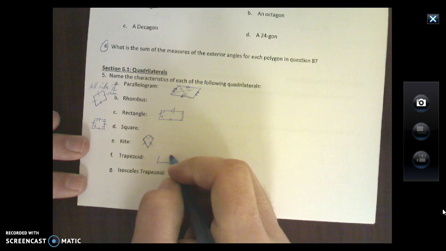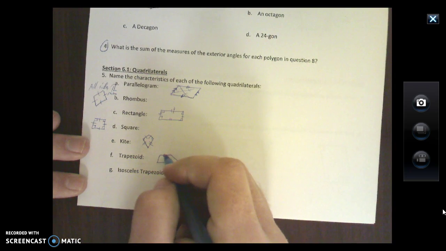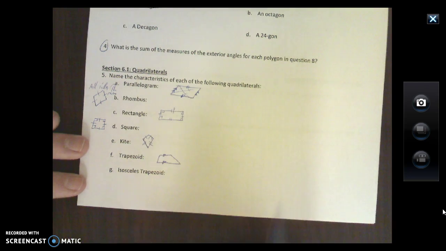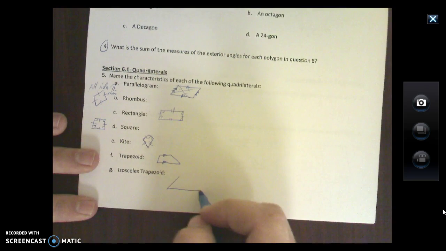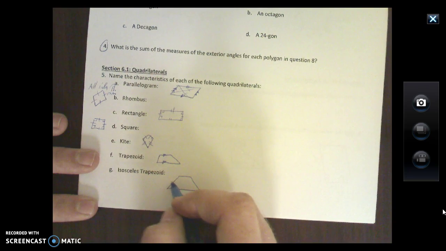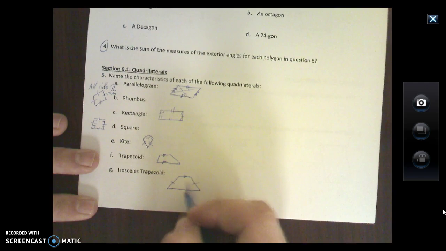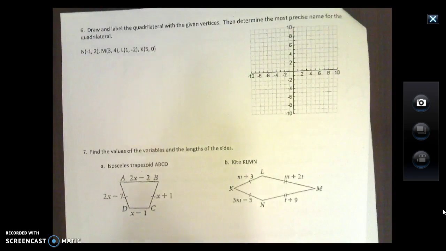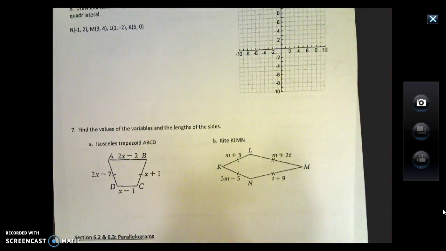Trapezoid, the big difference is only 1 pair of parallel sides compared to your parallelogram, which has both. An isosceles trapezoid is when the legs of your trapezoid are congruent. So a lot of vocab in the front, which I'd like you guys to just be familiar with.